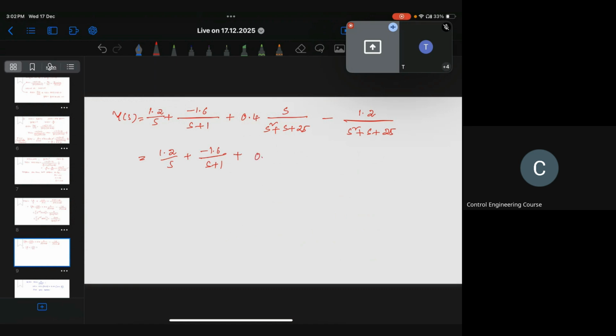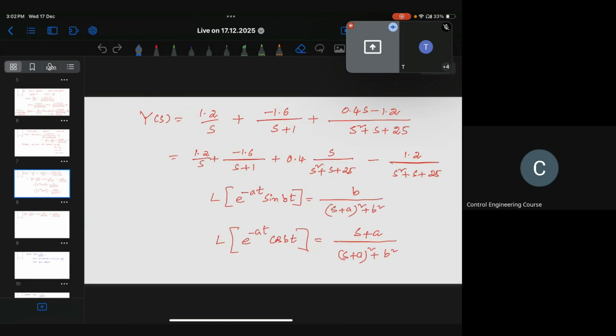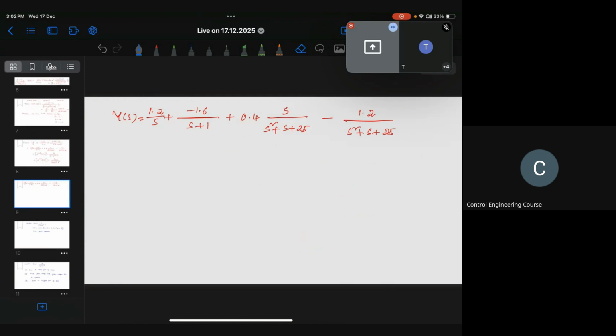Let's first separate the denominator into (s + a)² + b². We can write s² + s + 25.